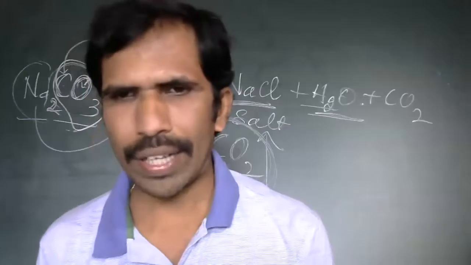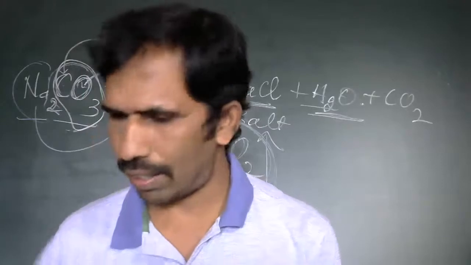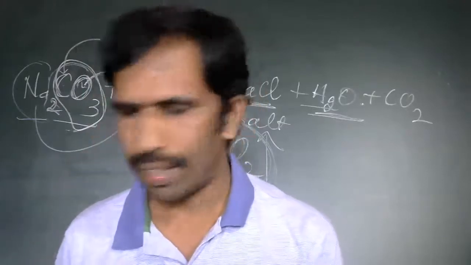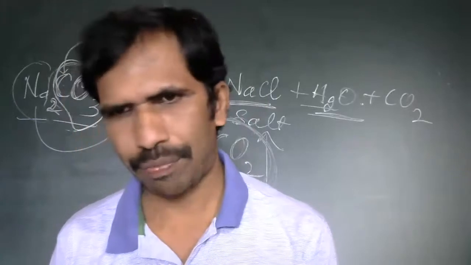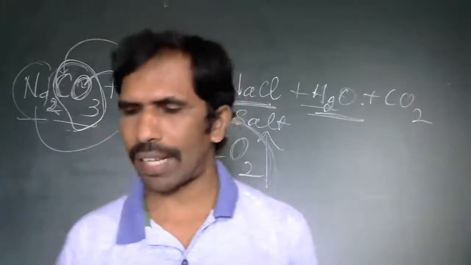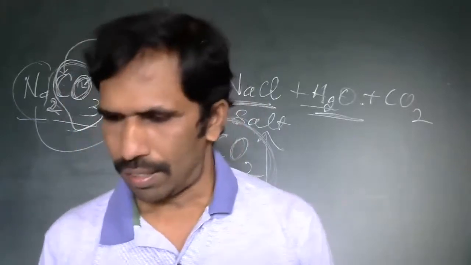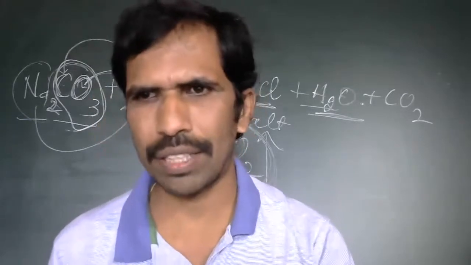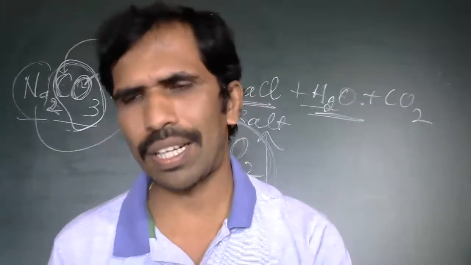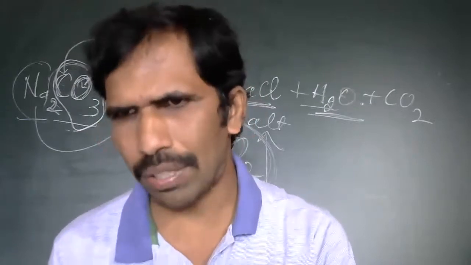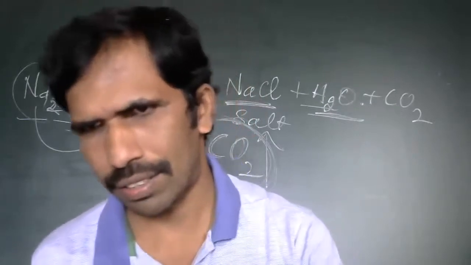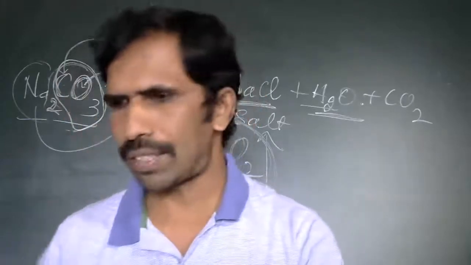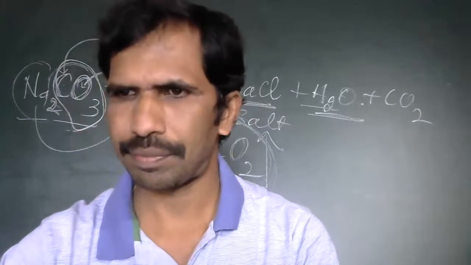In the other hole they have placed the delivery tube, and in the test tube they have taken calcium carbonate or sodium carbonate, whatever it is. You can take any carbonates or bicarbonates, no issues. So here the reaction takes place.